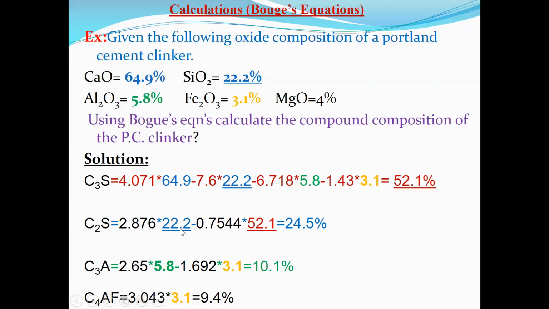In this equation you know the percentage of silica, and you have calculated C3S. So C2S is 24.5%. Same for C3A: this 5.8 comes from here, and 3.1 is the percentage of ferric oxide that will give you the C3A percentage, and C4AF the same way.